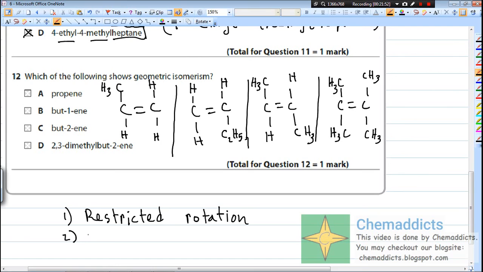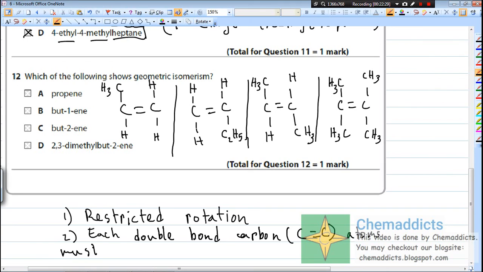The second criterion is that each double bonded carbon atom must be attached to different groups.